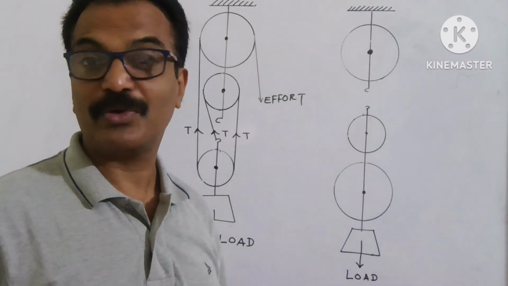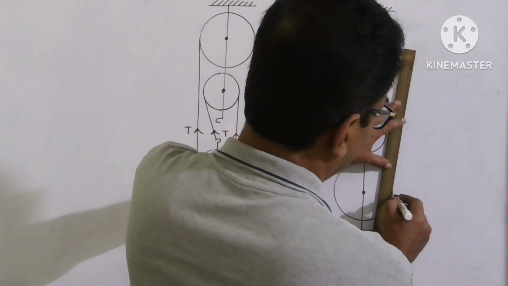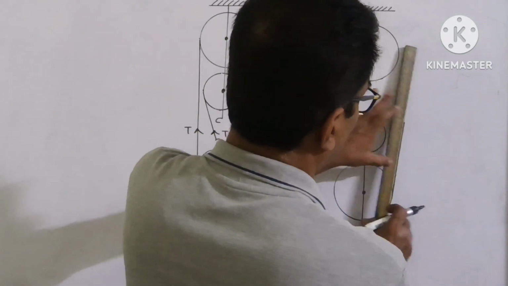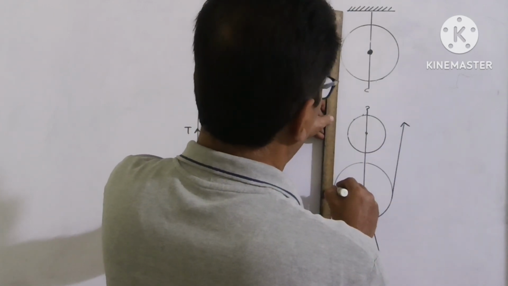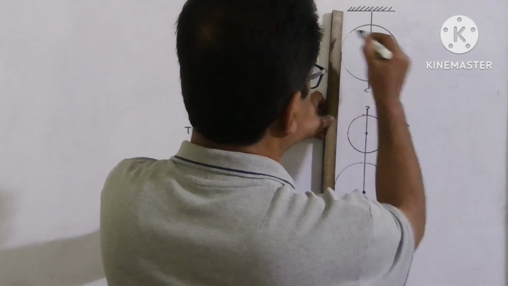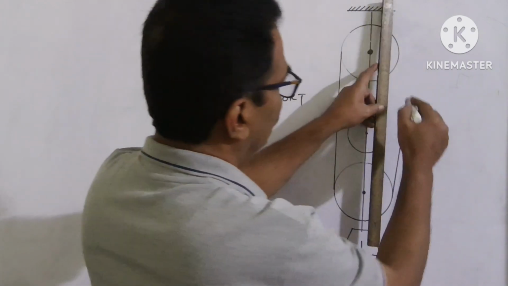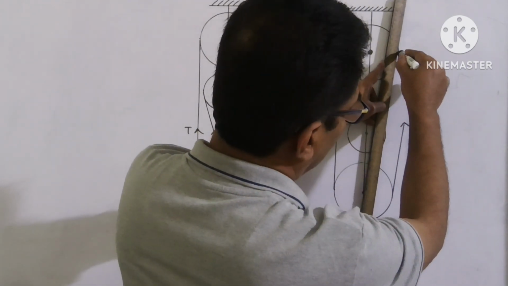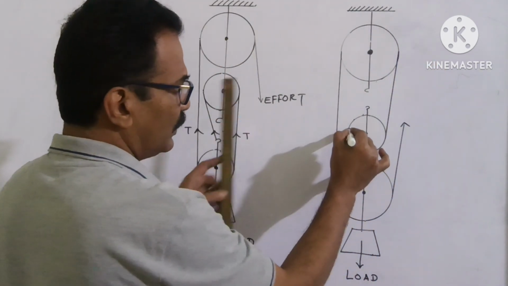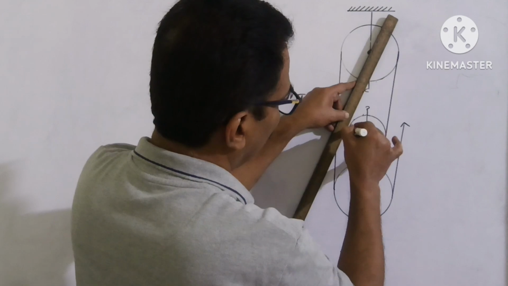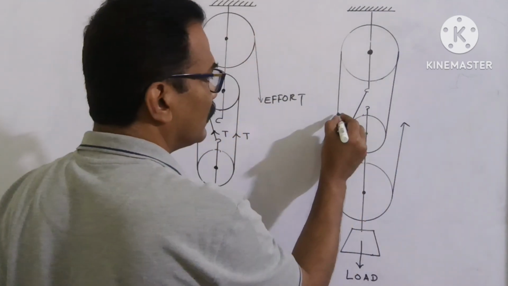So I can apply effort only in the upward direction. From this pulley it will go there. Then it comes to the lower block. Passing the rope through this pulley, it must go to the upper block. No more pulleys in the upper block, so I will connect it to the hook.